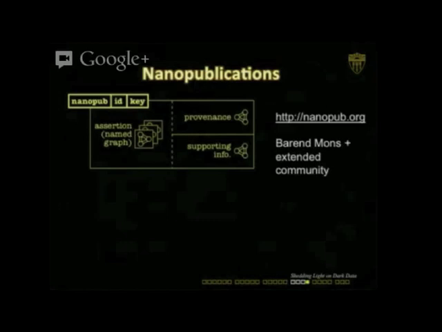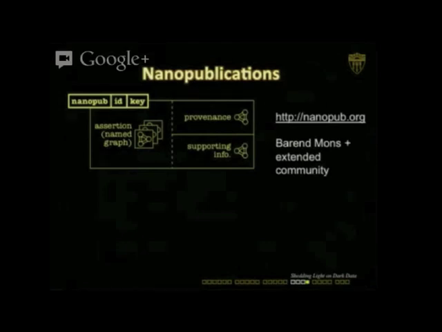But you have a standard representation for the provenance and for the supporting data that allows you to link together different data types. I think this is a really valuable and interesting idea, and a way in which we can think about transforming the way scientific data is published and shared as part of the whole publishing cycle.